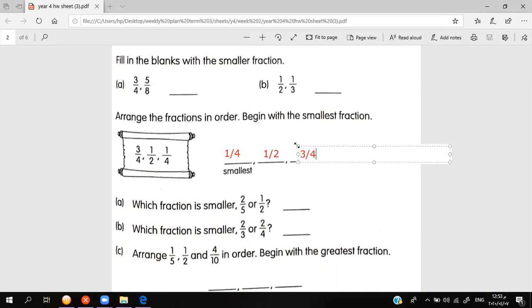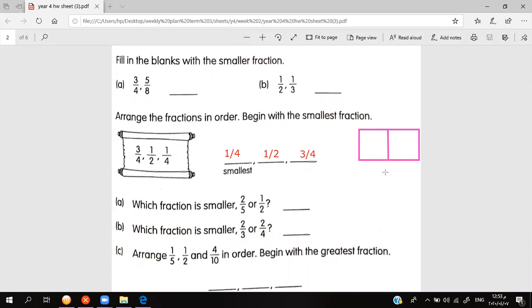3/4. Do you know why? Because 3/4 means quarter and quarter and quarter. That's why it's called 3/4. What about the half? How many quarters in it? 2/4. Okay, because if I make it like that, and I divided it like that, for example, this is a half.